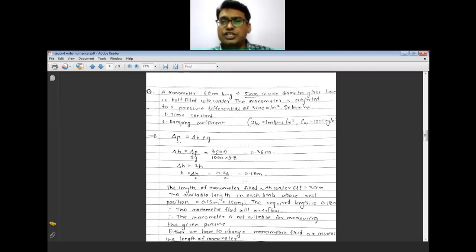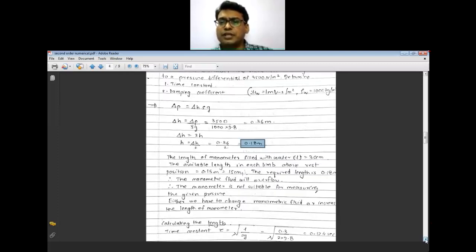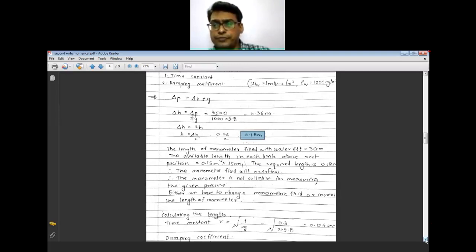So delta H is delta P upon rho g, and as water is the fluid used, 1000 kg per meter cube is the density. So it comes as 0.36 meters. And divided by 2, that is 0.18 meters. So the 30 centimeters is again unsuitable.